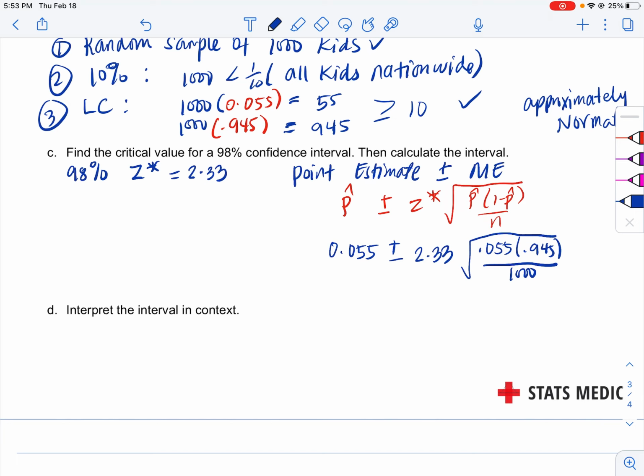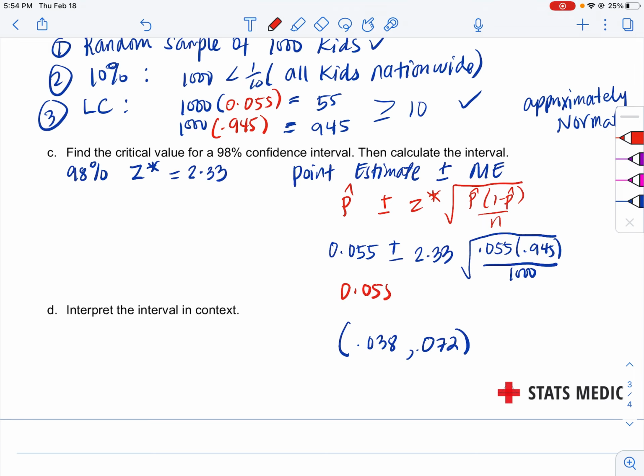Technically, in the calculator, you cannot put the whole entire plus and minus, so I suggest that you solve this part first. I do have the answer though: 0.038, comma 0.072. There is a way to just plug all of this in the calculator, but I am going to teach you that after.